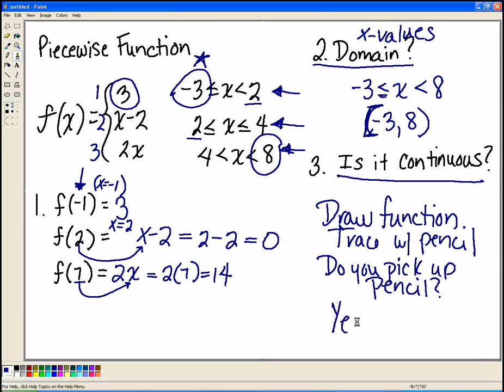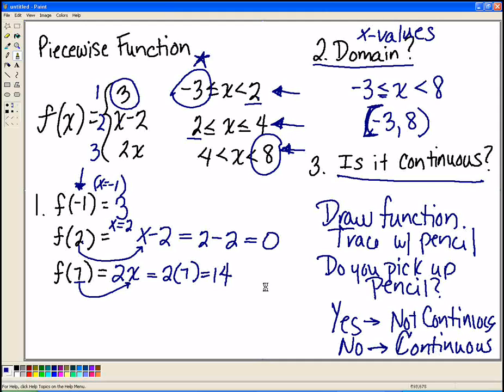If the answer is yes, then it is not continuous, which means there's a gap somewhere. If the answer is no, if you don't have to pick up your pencil, then it is continuous.